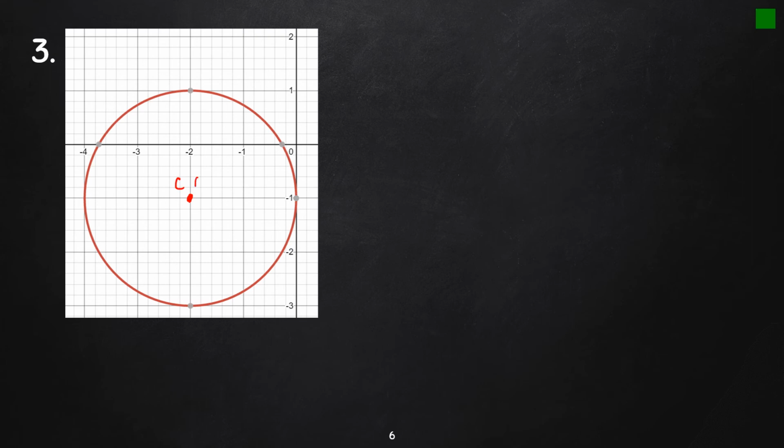And our center has coordinates: this is negative 2 for x, and negative 1 for y. So the center of our circle is at negative 2, negative 1. So now we know that this is our h and this one is our k.